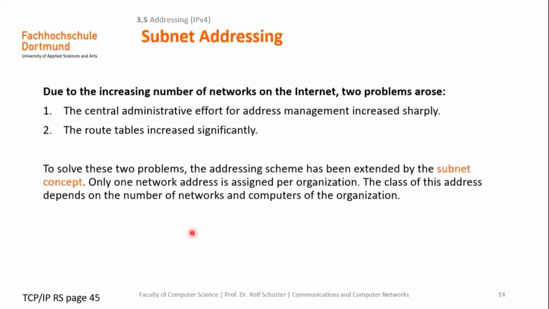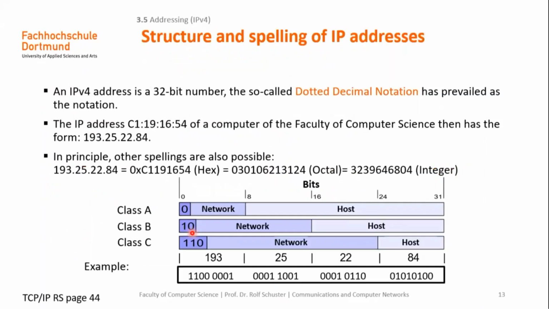Then we return to the point of the lecture, and remember that rule to identify quickly which is the class of any address. For instance, in the case of this address, the most significant octet is 193.